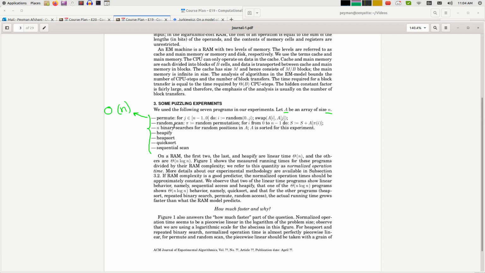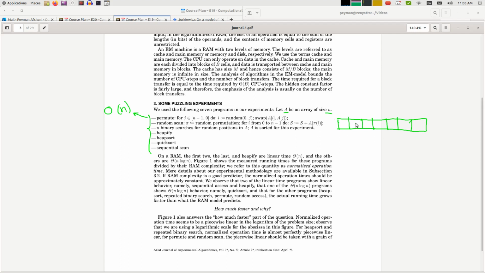Random scan: again, you pick a random permutation, and what you do is compute this. Let me explain what this means. If this is your array A, what you're doing here is jumping through A in random order.